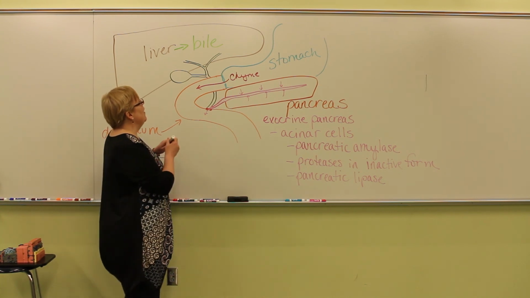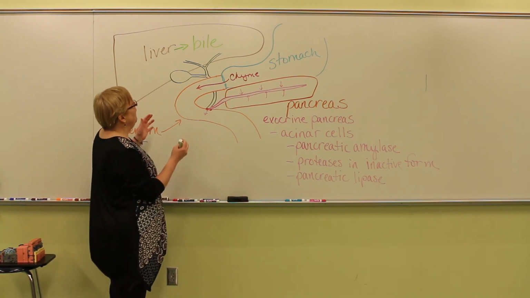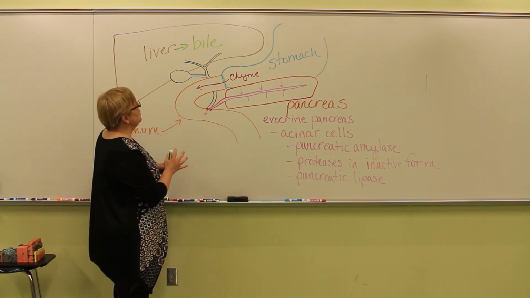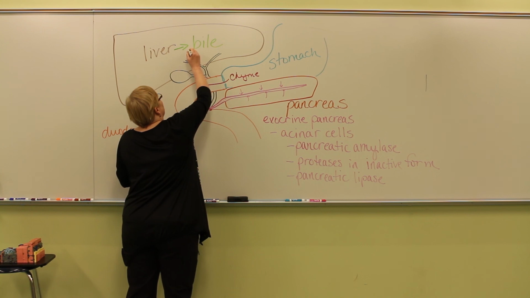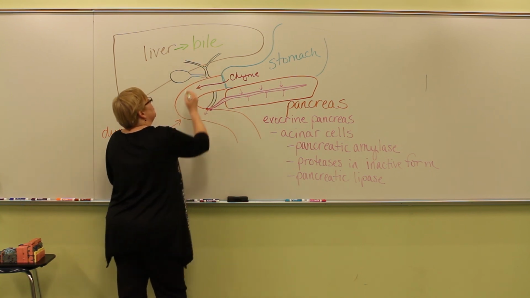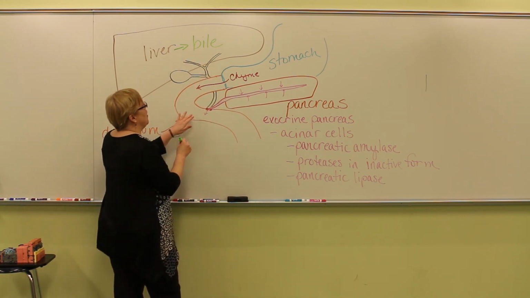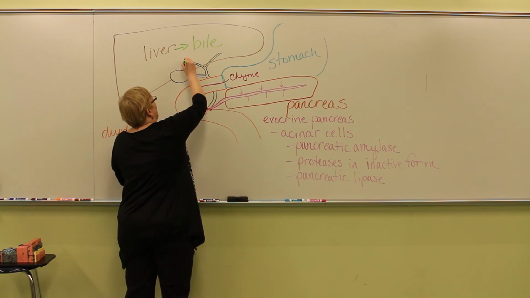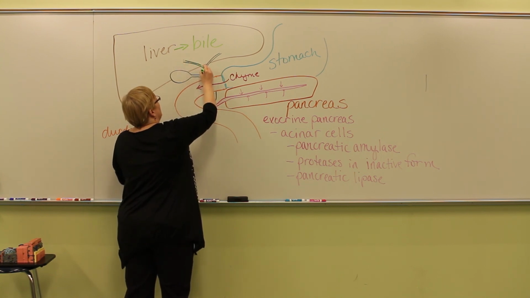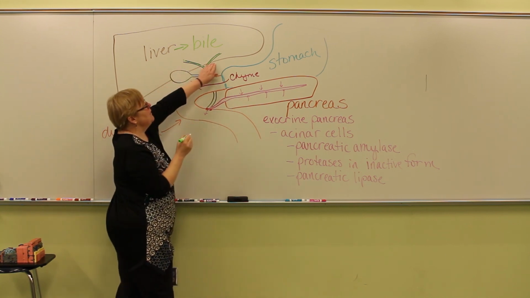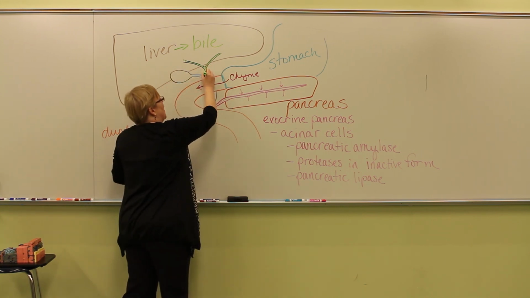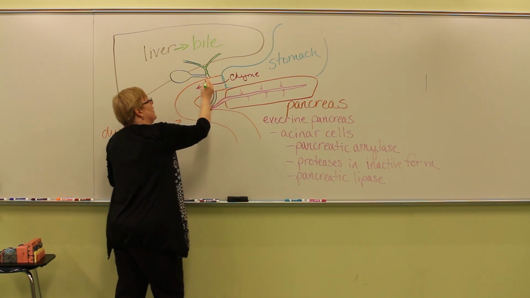They are going to produce bile, and the bile is going to move through a series of ducts that's going to allow it to get closer to the duodenum. So it passes through the right and left hepatic ducts to enter the common hepatic duct.